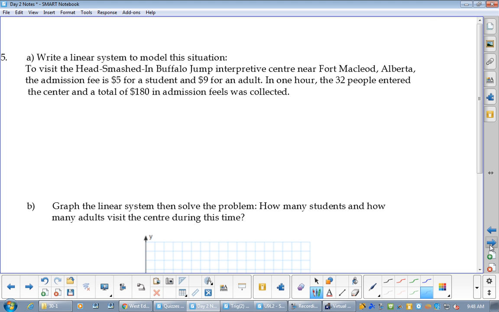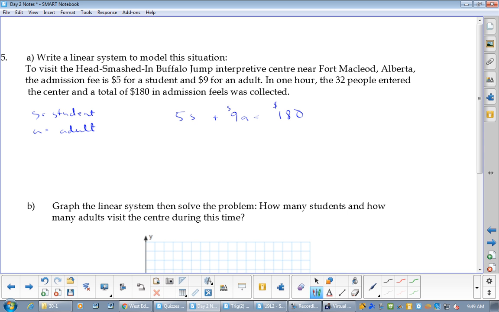Okay, Hisham. 5S, S represents students. Okay, let me write that. Student and adult. Very similar to the quiz today. So what's your money statement? 5S plus 9A.